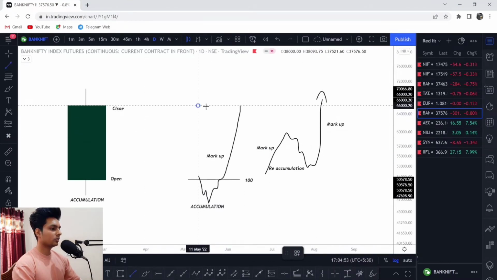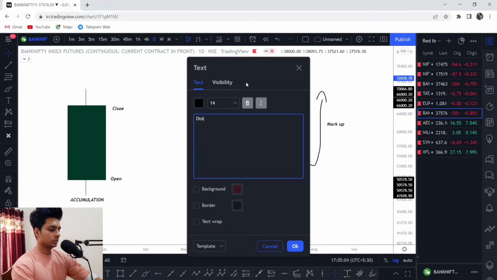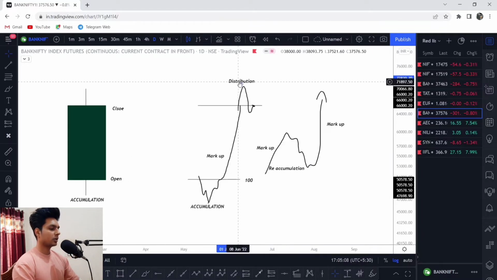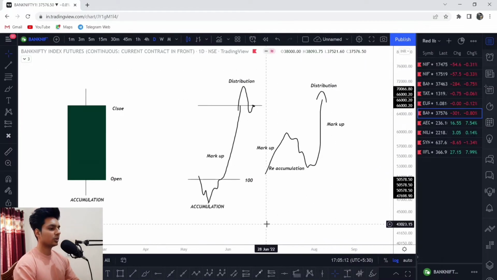By the end of the day, what you will see is that the price will go a little higher and then close around this point. Now this is where the distribution takes place. I hope you guys are getting a better understanding of how these things work on the daily time frame chart.